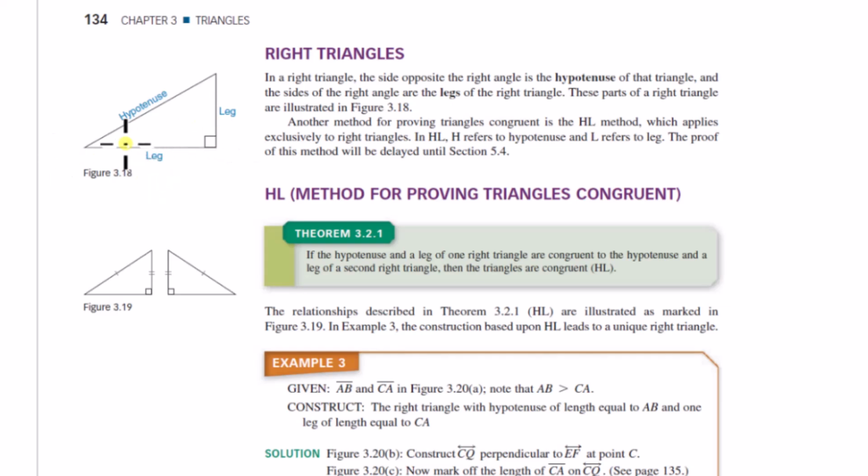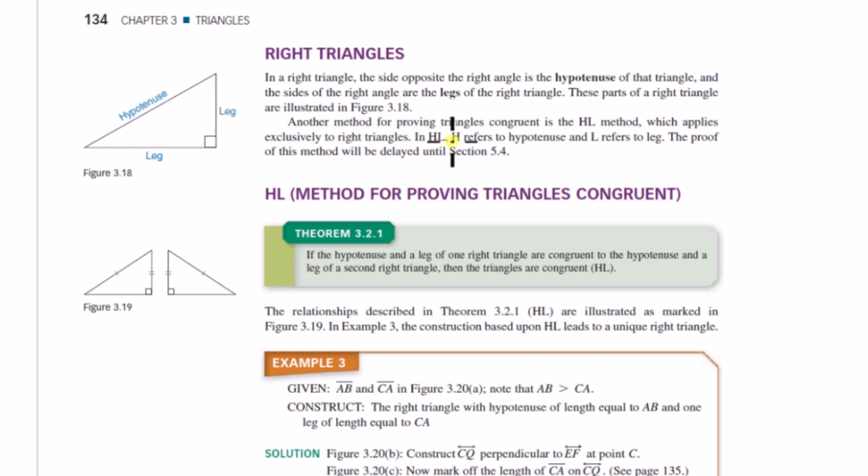Remember, with a right triangle, the angles other than the 90-degree angle are going to be acute. They have to be. So you're going to have this one right angle and these two acute angles. The side opposite the right angle is the hypotenuse, and the two sides adjacent to the right angle are the legs.